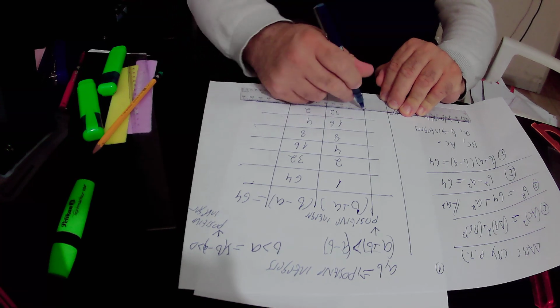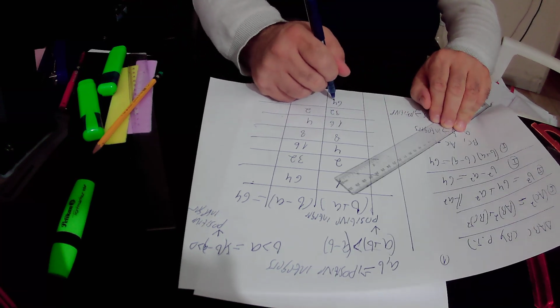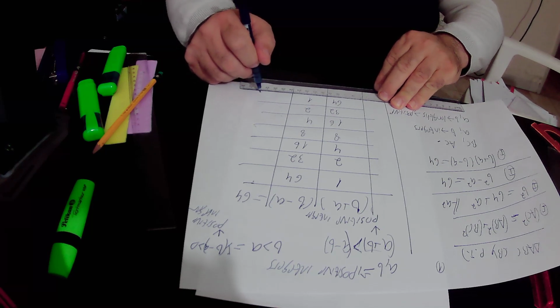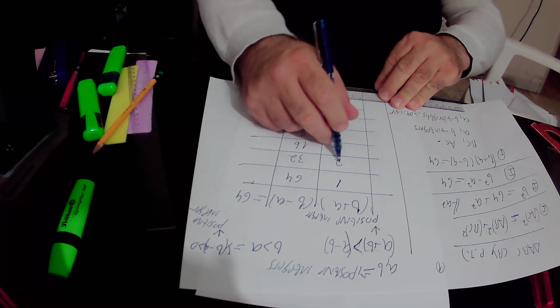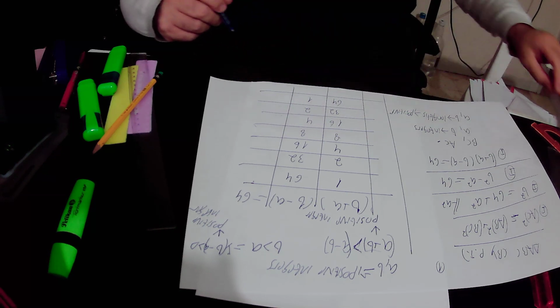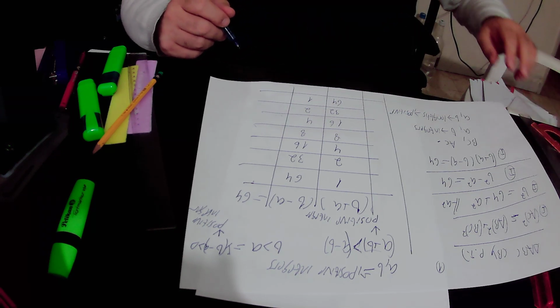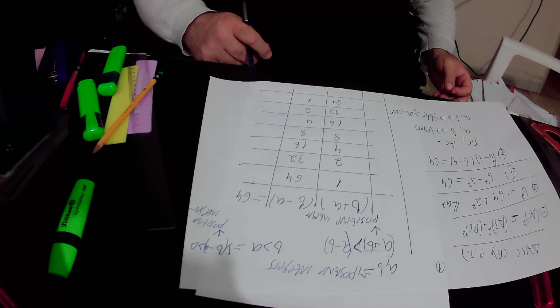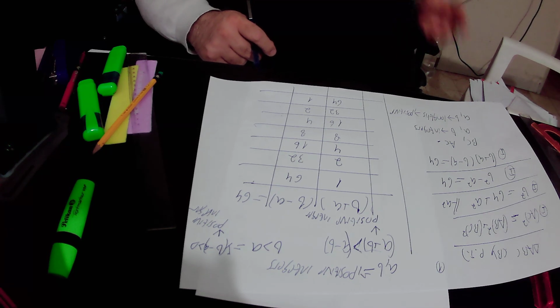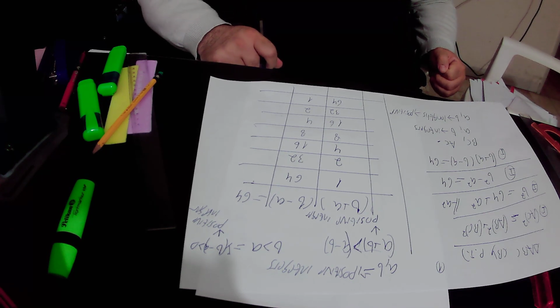And finally, 64 times 1 also gives us 64. So actually we have 1, 2, 3, 4, 5, 6, 7 options. We have only 7 options where two positive integers multiplied give us 64. Okay?